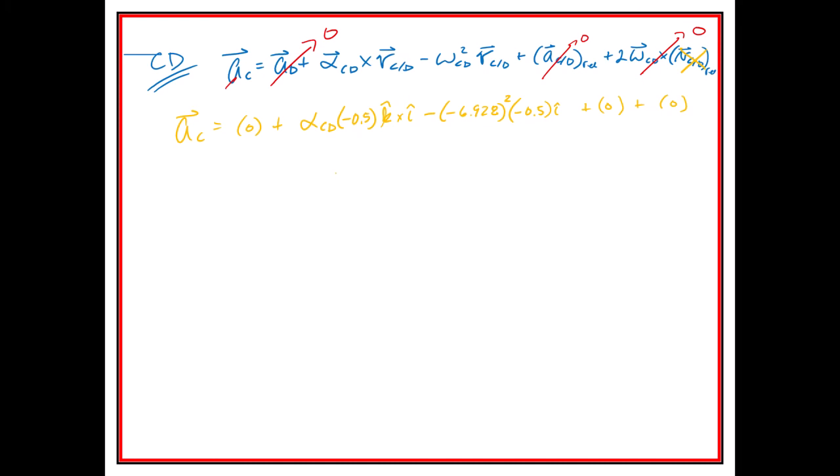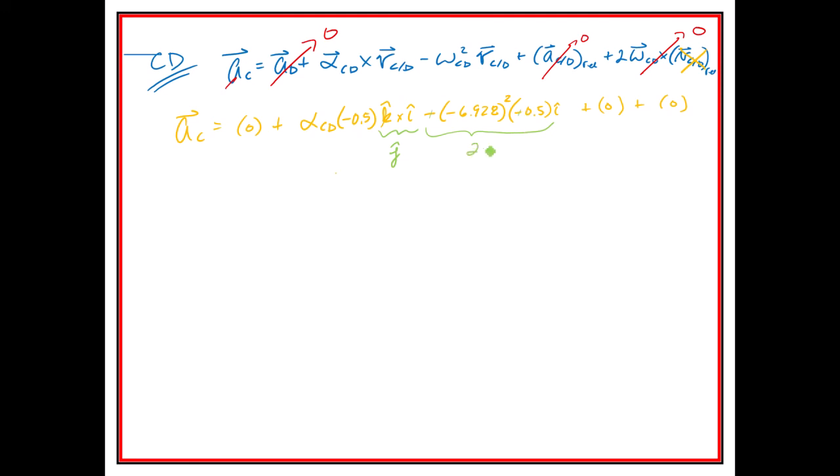All right, so collect some terms here. This guy is going to turn into a j. Is that true? Yes. And this whole thing right there, that guy and that guy cancel each other out.